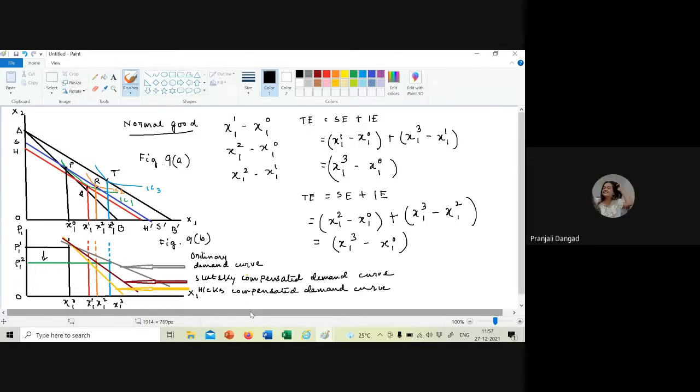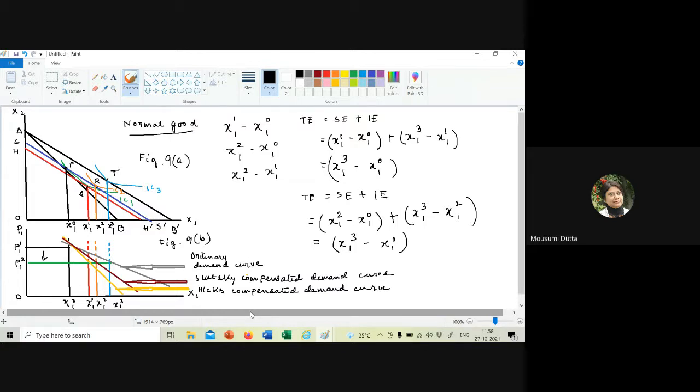Ma'am, but if there is more purchasing power, that is income, then it is considered an income effect. So how is that also affecting the substitution effect? Okay, good question. Income effect measures how much change in demand will occur because of change in real income. Substitution effect measures the change in demand because of change in price only.